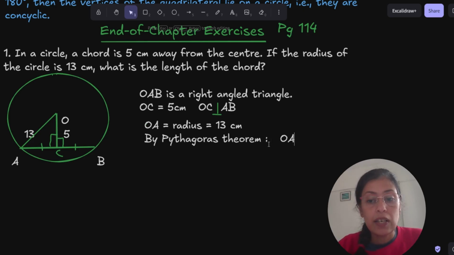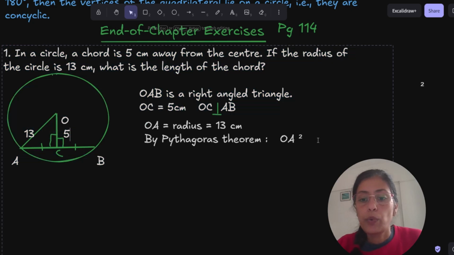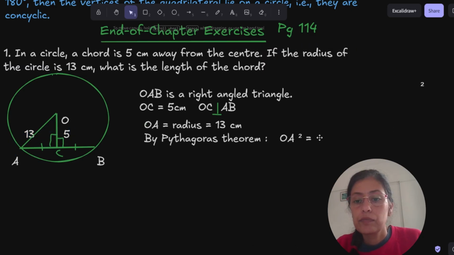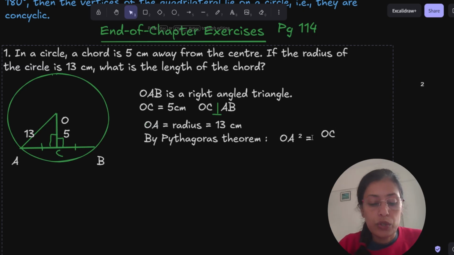So by Pythagoras theorem, we can say that OA square is equal to OC square plus AC square, right?